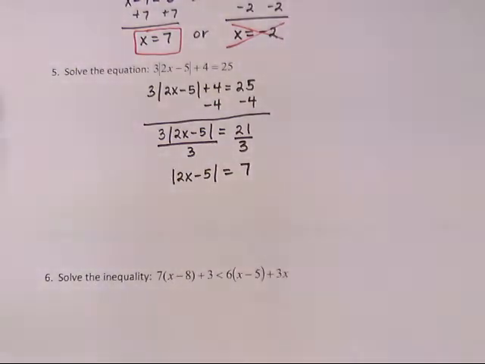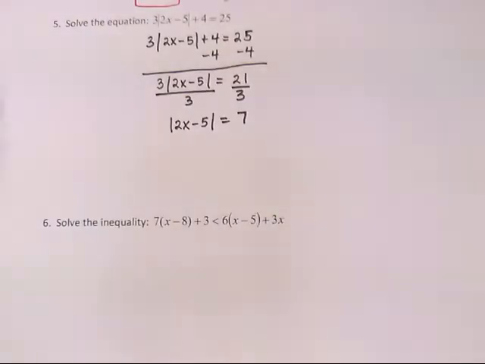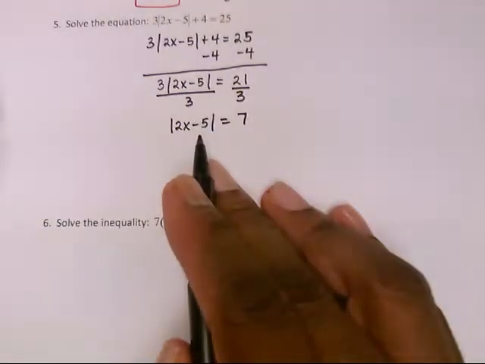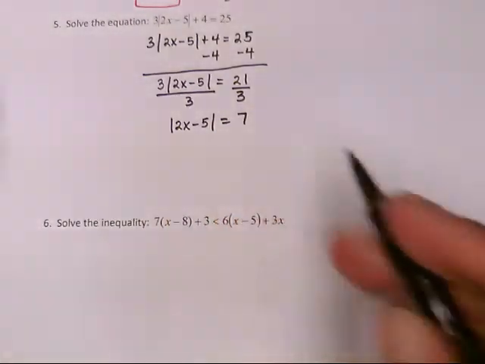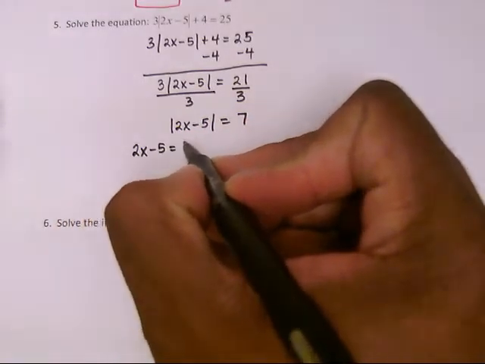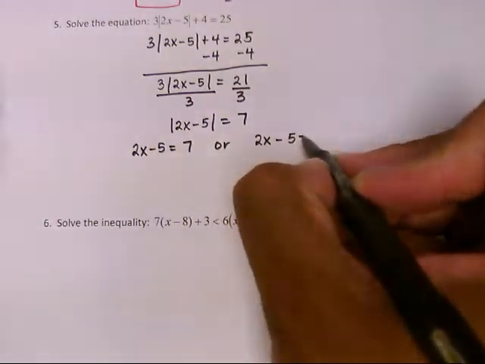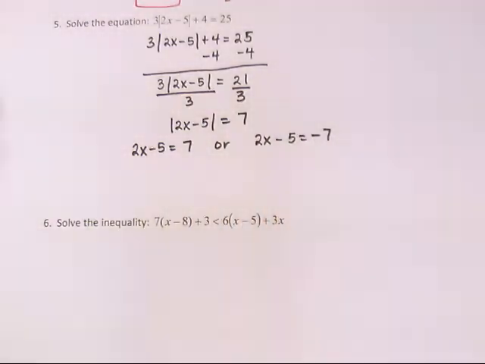Now, since I have an absolute value equation, I can write this as 2 separate equations with the word or in between it. So the absolute value of 2x minus 5 equal to 7 means 2x minus 5 equals 7, or 2x minus 5 equal negative 7.